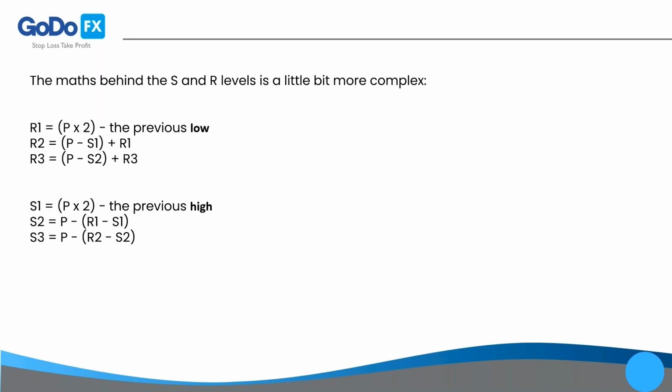R3 is equal to P minus 2 plus 3. And support 1 is equal to P times 2, pivot point times 2, minus the previous high. S2 is equal to P minus R1 minus S1, and support 3 is equal to P minus R2 minus S2.